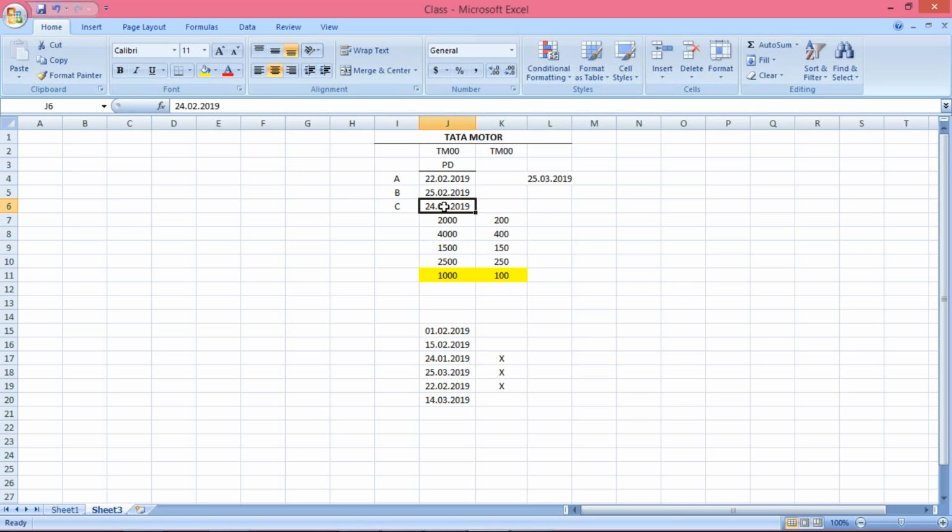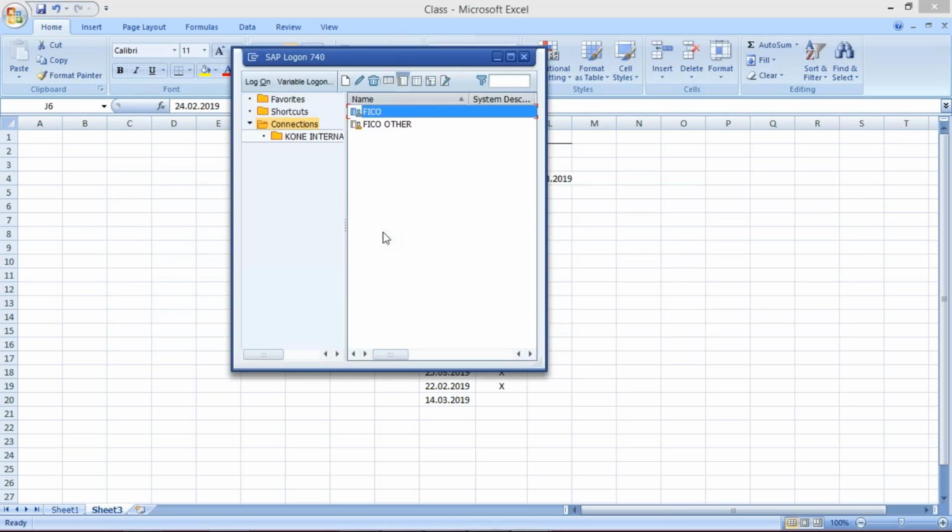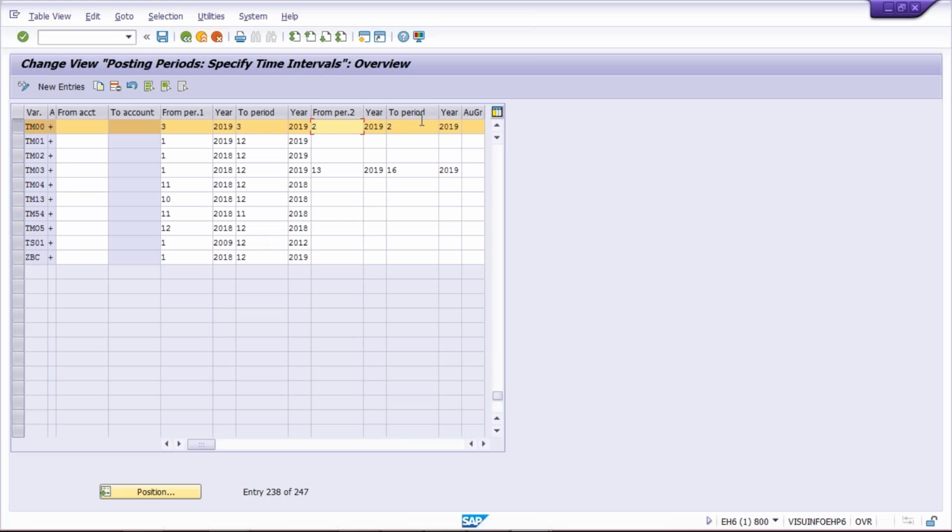Why has management given this posting period, why have they given the second period here, right? If they want to allow everybody, then here itself they would open it like February to March. Look here, February to March is open.